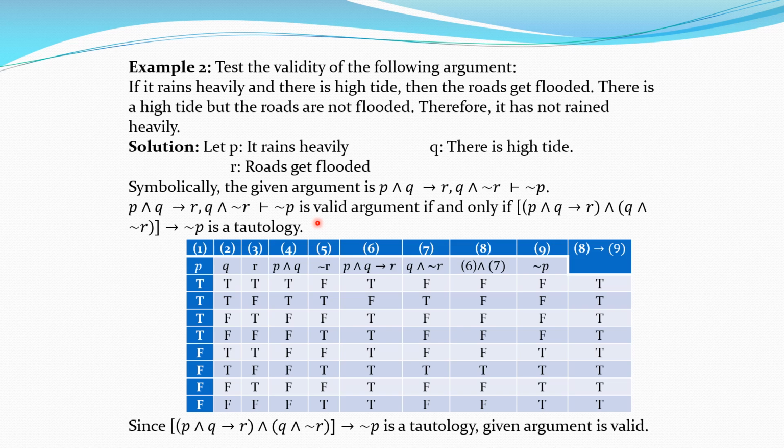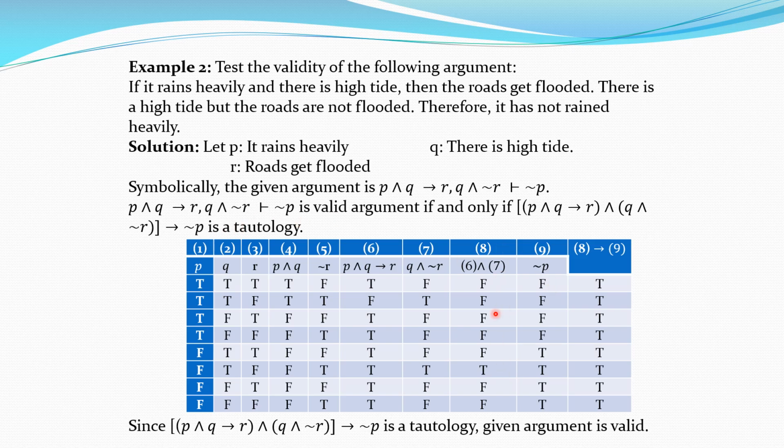Otherwise, not. Now there are three variables P, Q, R. So the truth table contains 8 rows. Now we prepare the truth table. So P, Q, R, then P and Q, negation R, P and Q implication R, then Q and negation R, then conjunction of these two, that is 6 and 7, then negation P which is conclusion, then 8 implication 9, because 8 is nothing but this left hand side and 9 is nothing but right side.